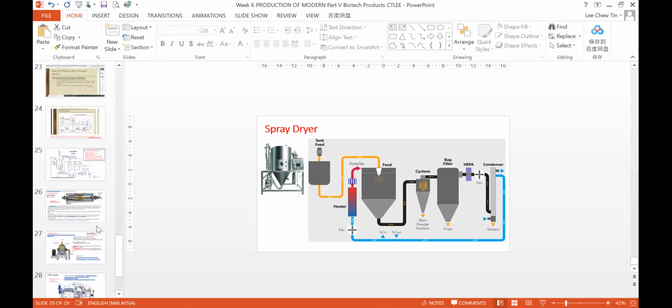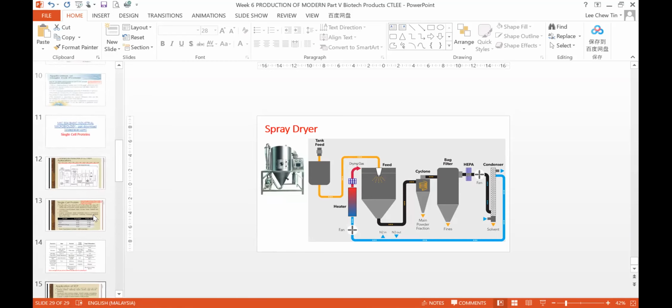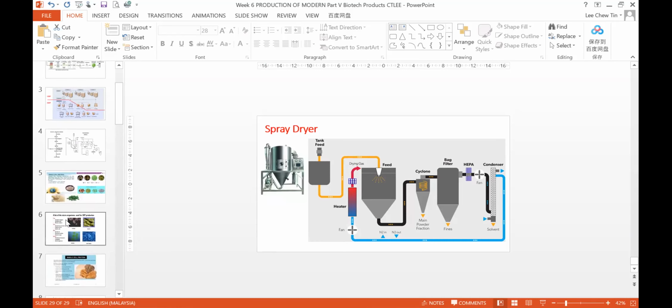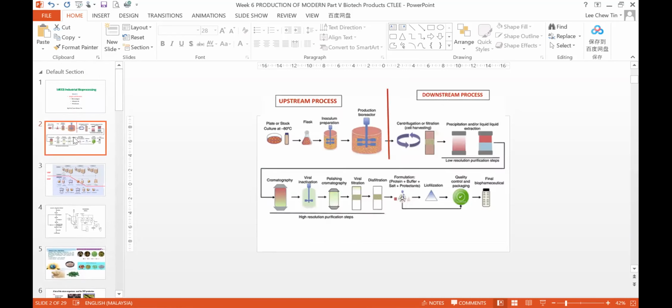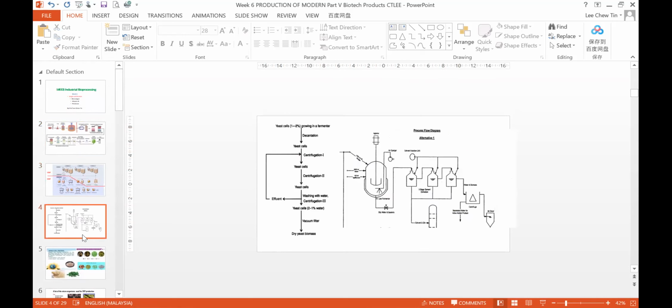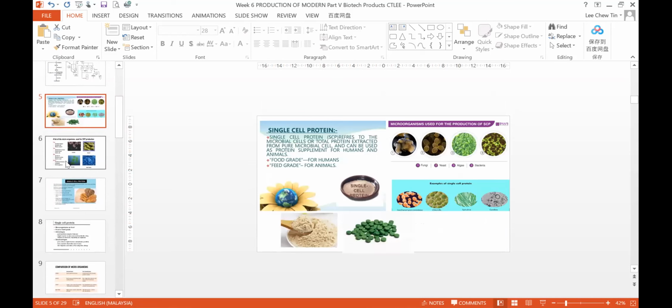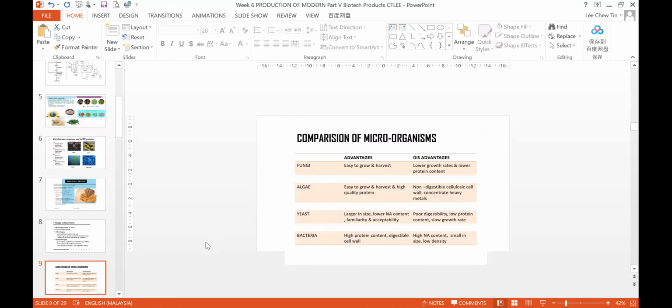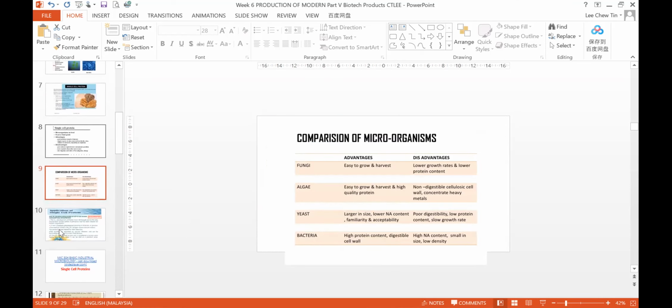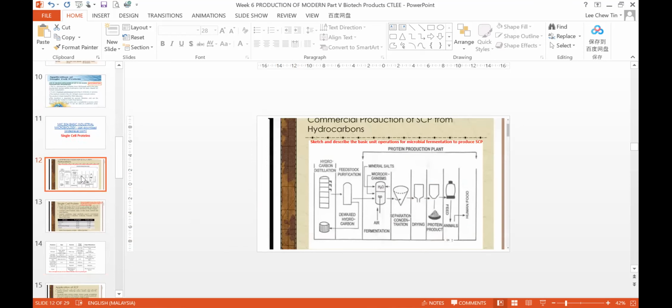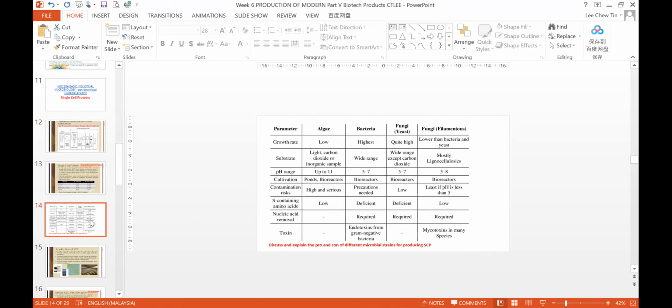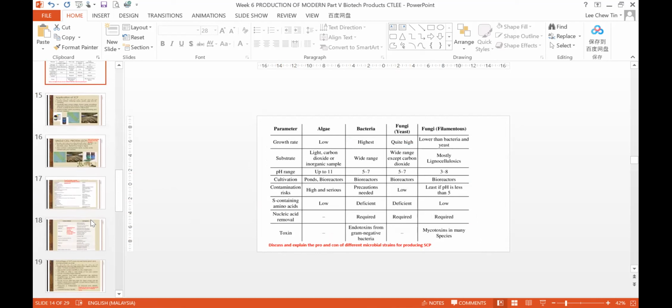So in summary, today I have covered the general form of bioprocessing from upstream to downstream, taking SCP as the model process, where I compared the advantages and disadvantages of 4 major microbes to produce SCP, and I elaborated on SCP production, comparing the substrate selections and microbe selections.